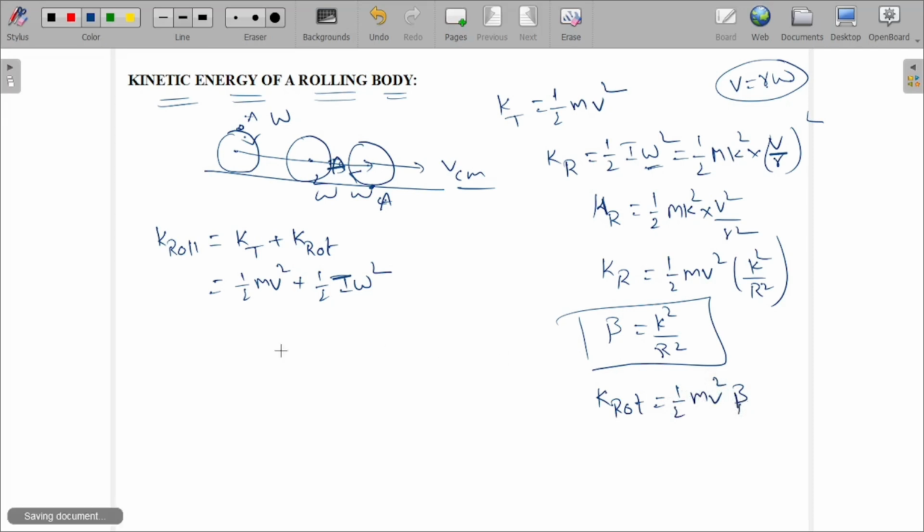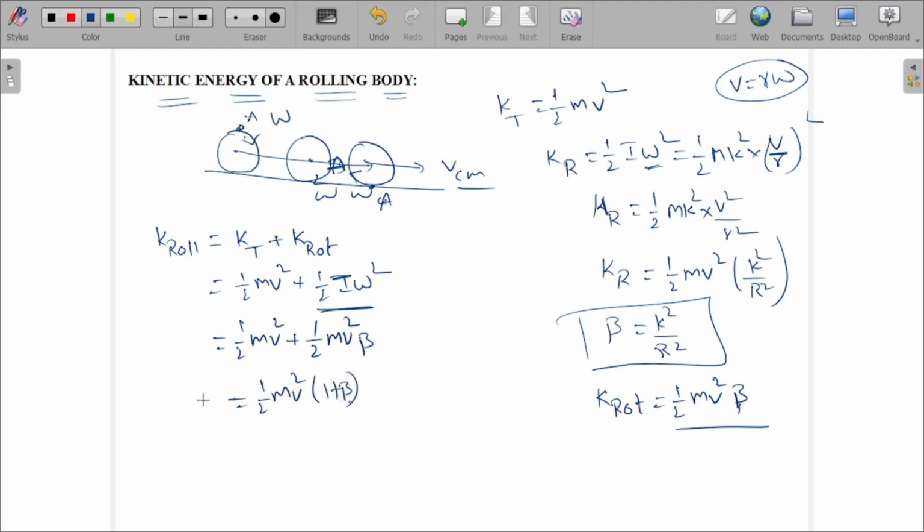Now I am going to replace that here. So half m v square plus half m v square beta. If you take half m v square common, then what you will get? 1 plus beta. If beta is 0, then kinetic energy will be equal to half m v square.